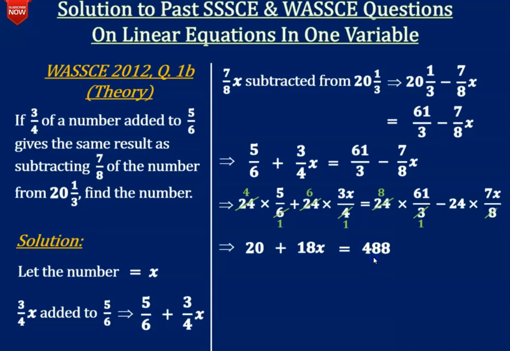Finally, 8 into negative 24 is negative 3, and negative 3 times 7x is negative 21x. Grouping like terms, we have 18x plus 21x to be 39x, and 488 minus 20 to be 468. Dividing both sides by 39, we have x to be equal to 12. Therefore, the number is 12.